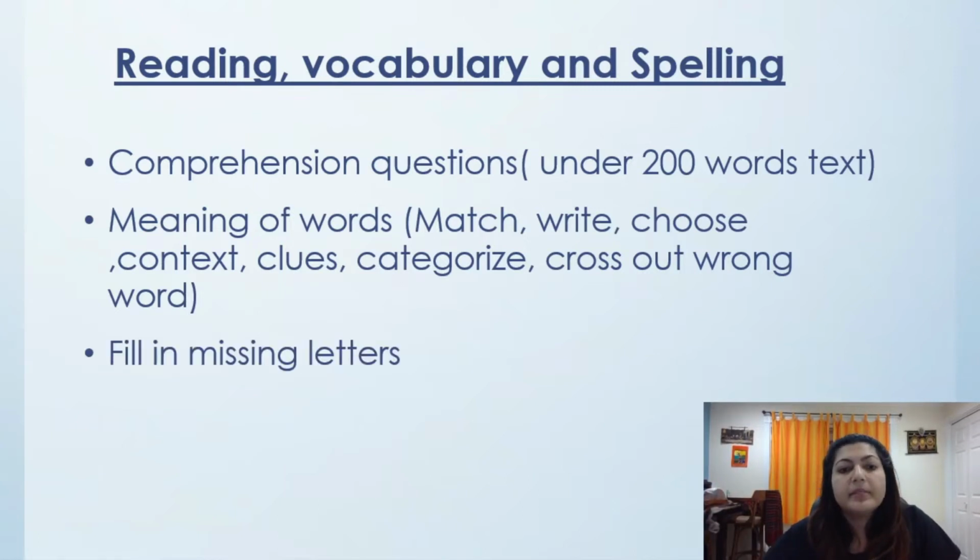Then we have filling in missing letters. It's spelling based, like shore, S-H-O-R-E, where H and R will be missing and the child has to fill those in. For this you really have to know the right spelling, not the phonics-based spelling. Otherwise they're forever going to write fruit as F-R-I-U-T and then F-R-U-I-T, so they get mixed up between that UI kind of phonics, long vowels and all.